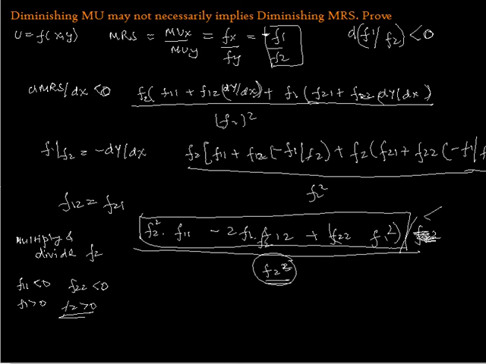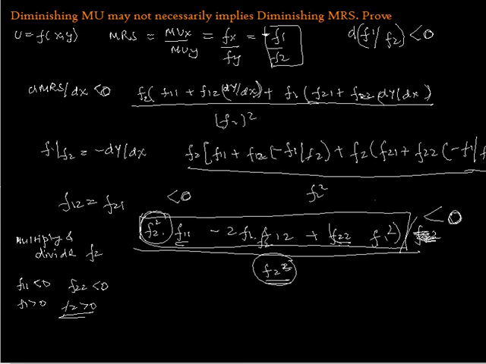When will this be negative? f2 square is always positive. f11 is negative, so this term is negative. f1 square is positive, f22 is negative, so this term is negative.